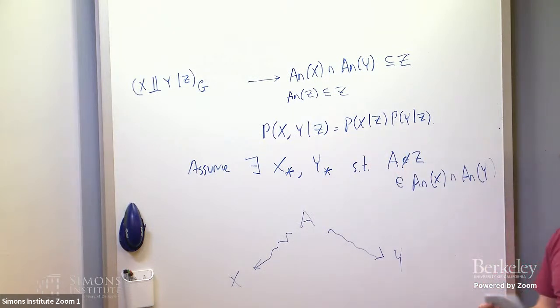And I claim that our original distribution is compatible with this new graph. So why is that?